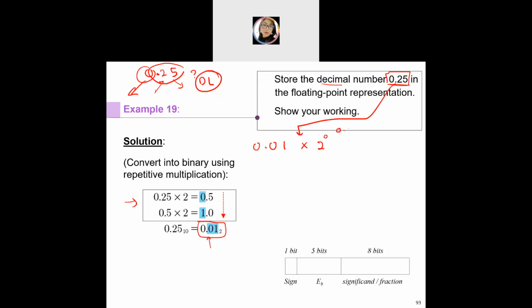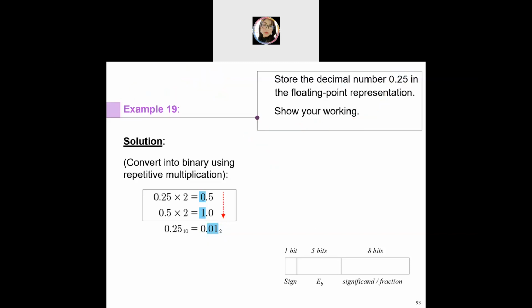This is our number for 0.25. What we need to do is normalization, because this is not normalized and this is not our E prime yet. So we need to do the normalization. After we do the normalization, we need to move to the right. When we move to the right, 0 minus 1, we get this answer.